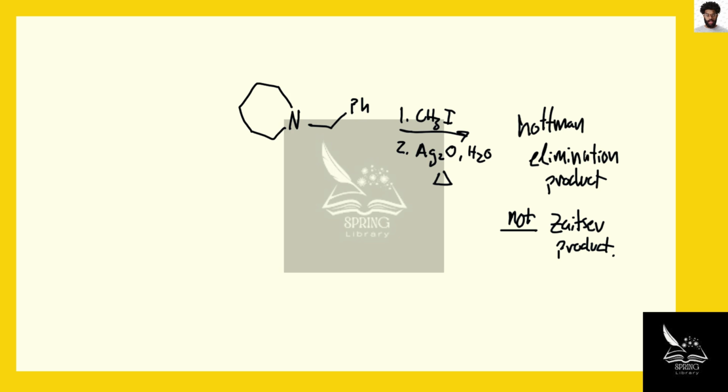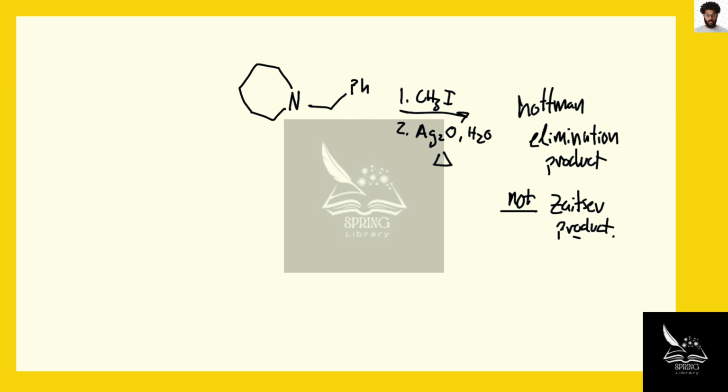That is, we don't get the more substituted alkene, we get the less substituted alkene. So it's going to give us an alkene. We're going to get a double bond following elimination of this nitrogen, but we will get the double bond which would give us the least substituted product in the end.